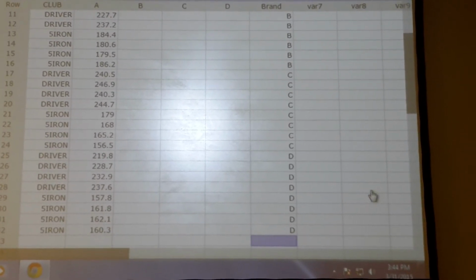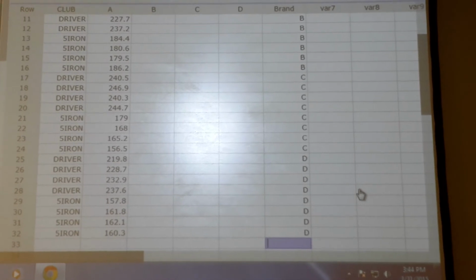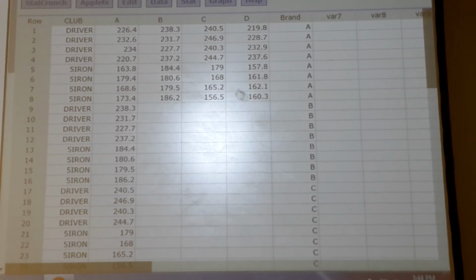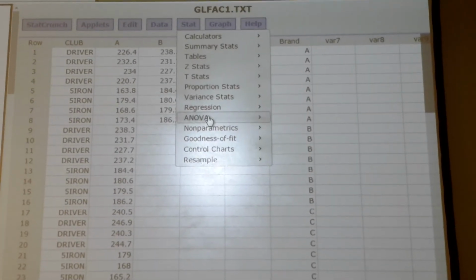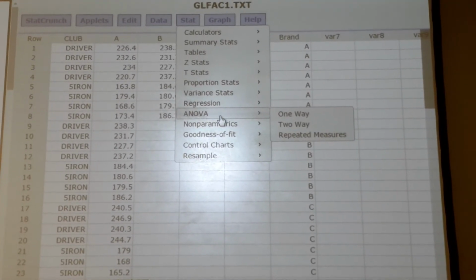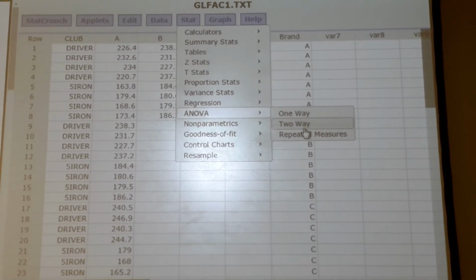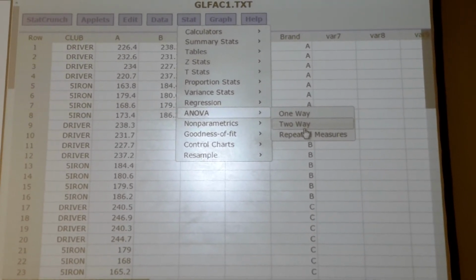It's definitely not ideal that we have to make those kind of modifications, but we do need everything set up in separate columns here. Now we can go to our ANOVA test. This is a 2-way ANOVA because we now have 2 different factors that we're interested in, the brand of golf ball and the club.